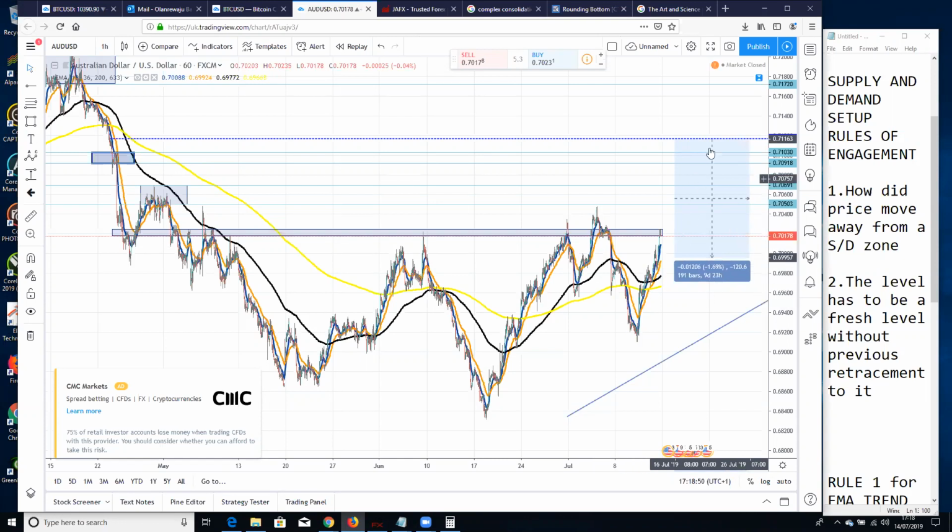So if I can get a 1 to 5 risk and reward ratio, I know that I don't really need the 1 to 5 exactly.